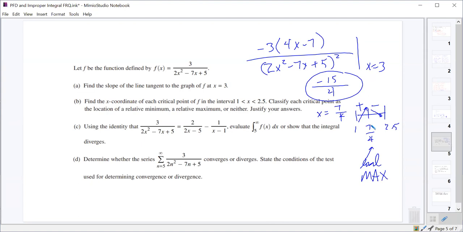So just make a classifying statement that says what your sign chart is. Got it. I've seen them give points for just a sign chart on student work examples, but just to be safe, write half a sentence that says derivative goes from positive to negative at 7/4, local max.